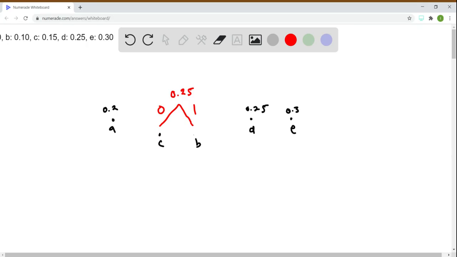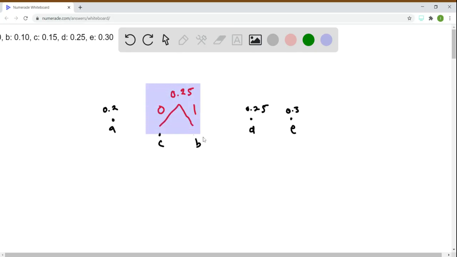So we still want to look for the smallest two. But in this case, notice that we have 0.2, and then we have two 0.25s, which would then be the smallest. So at this point, it doesn't matter which one you choose. So let's just go ahead and choose this first one here. So we want to combine these two together, and we want to put the more frequent to the left.